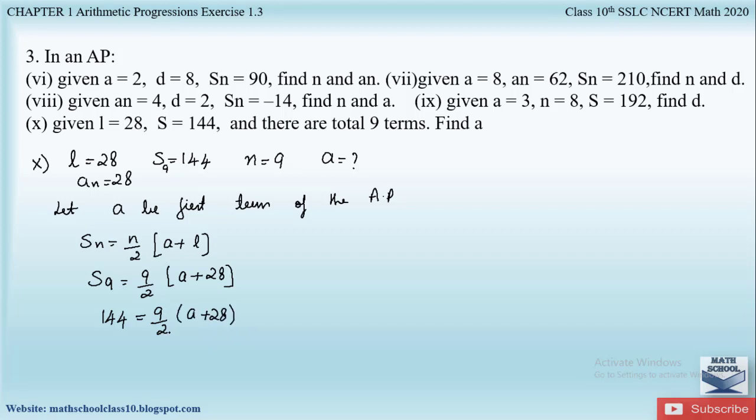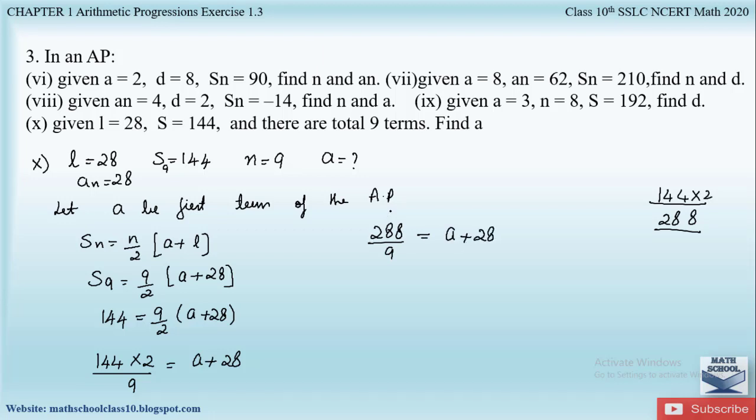Let us send this 9 by 2 to the left hand side. We will get 144 into 2 divided by 9 is equal to A plus 28. So what is 144 into 2? It is 288. So we get 288 divided by 9 is equal to A plus 28.